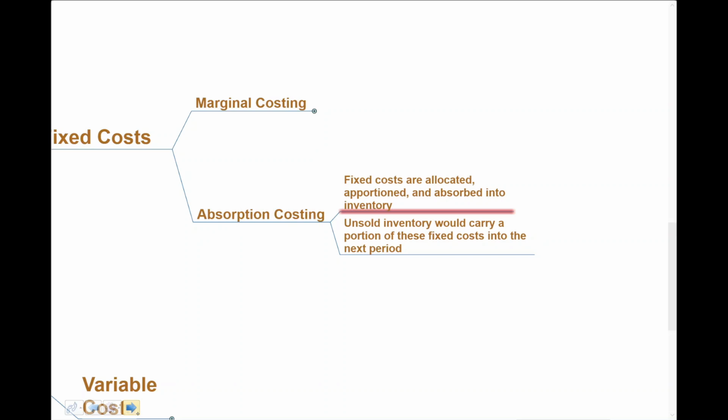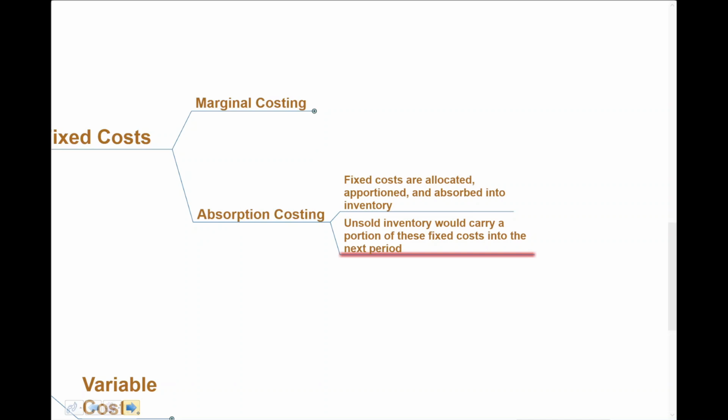I'm talking about finished goods, etc. Now note, given that any unsold inventory, if we get to the end of the period and we have inventory, obviously we've absorbed fixed cost into it, then this unsold inventory would carry a proportion of fixed costs into the next period. Note how that's different to marginal costing, because fixed costs or period costs with marginal costing are expensed in that month. I'm not carrying them into the next month or the next quarter.